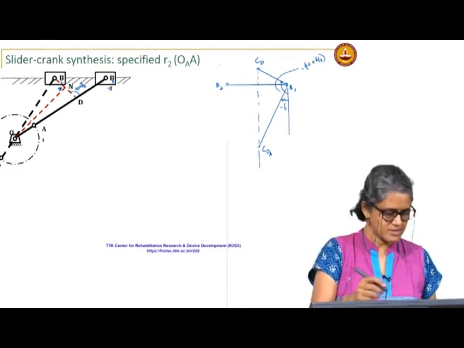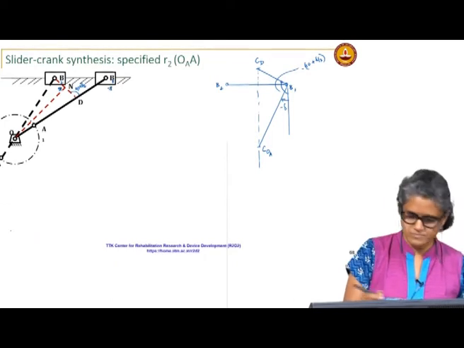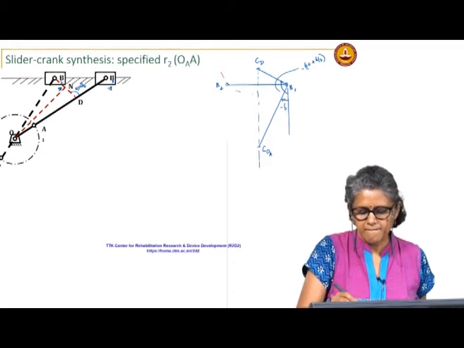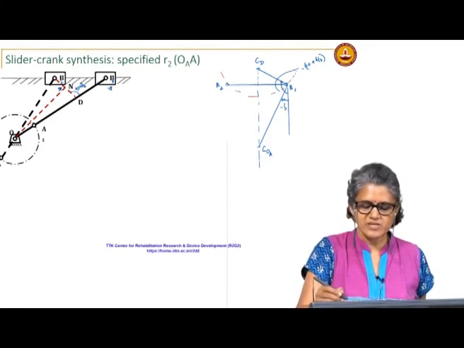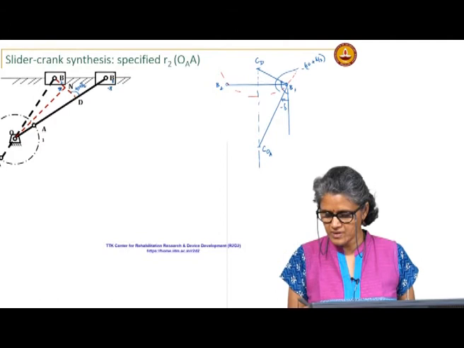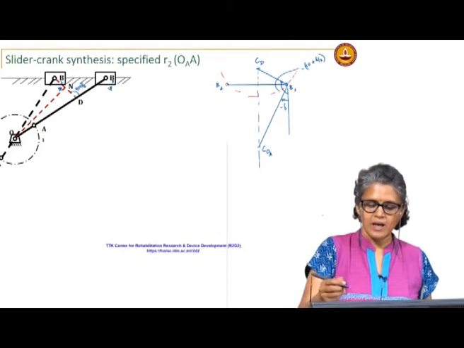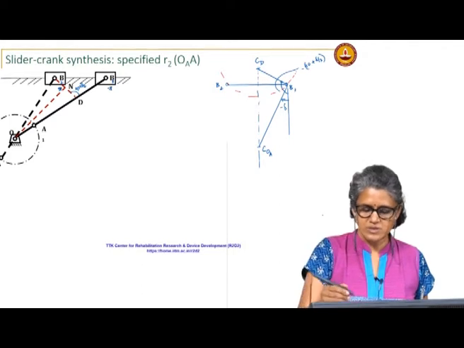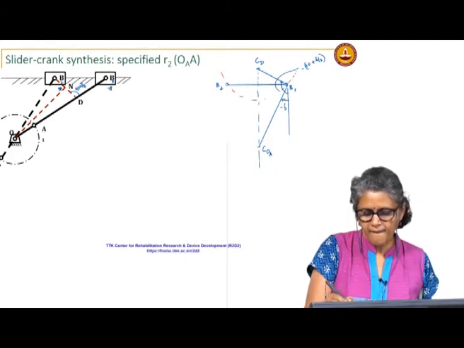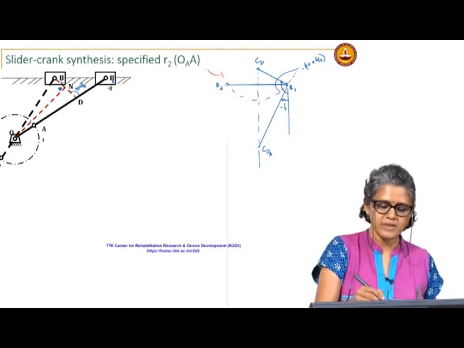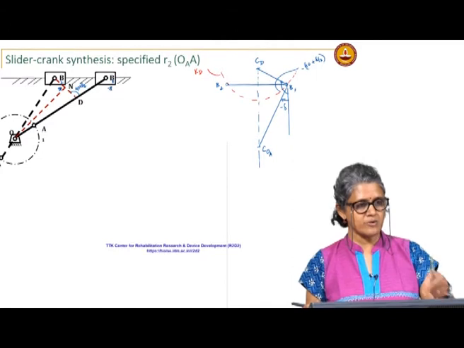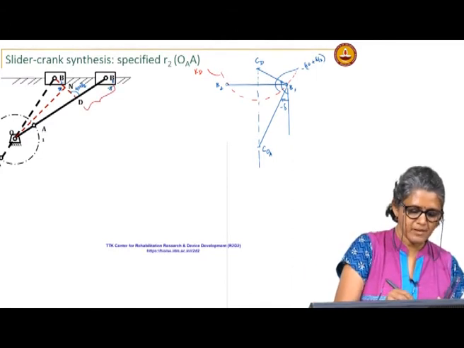So I can construct that circle with center at CD and this radius. So this is the circle KD. Now I know that B1 to D is 2R2.